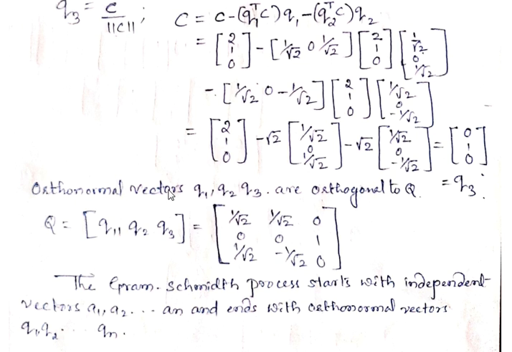The orthonormal vectors Q1, Q2, Q3 are orthogonal to Q. Of course, these values are 1 by root 2, 1 by root 2 and this, and these all are the Q vectors. These Q are the orthonormal vectors.